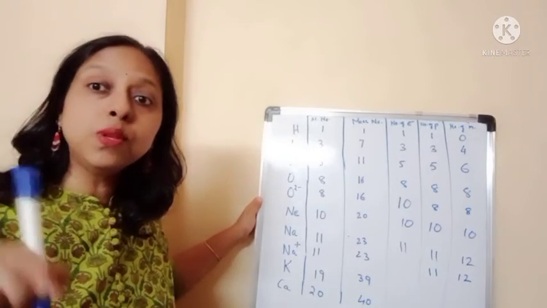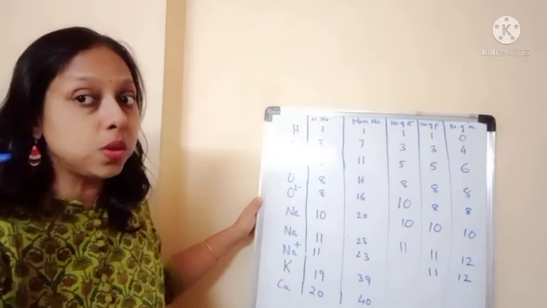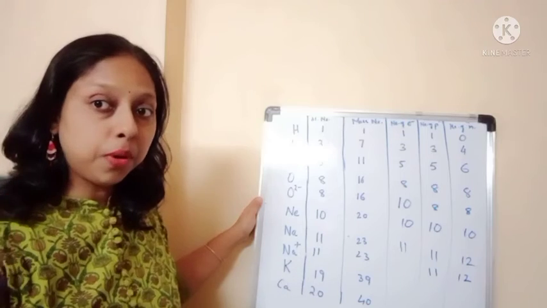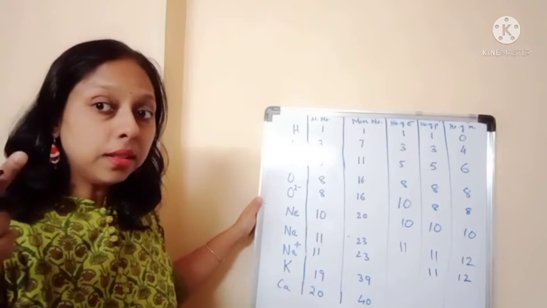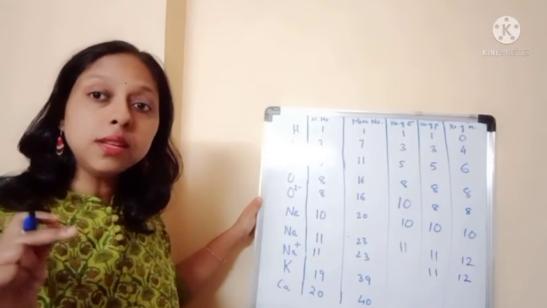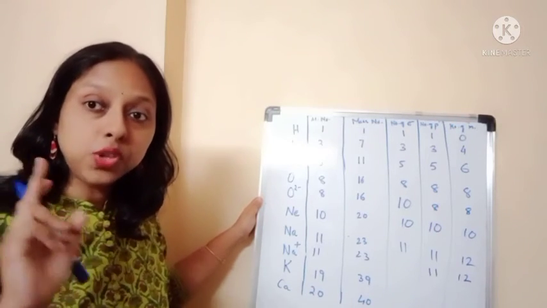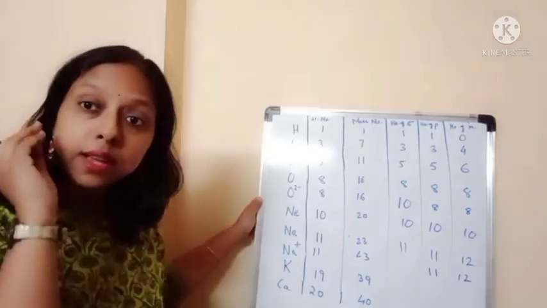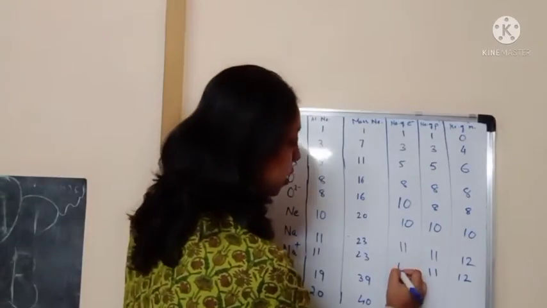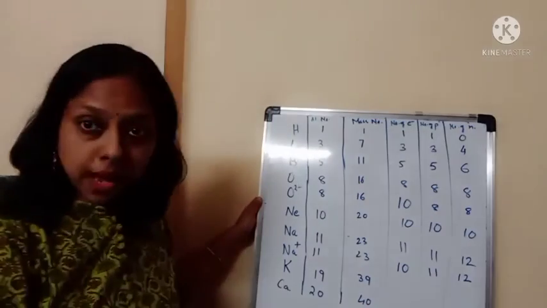Here it is losing 1 electron. Because it is losing 1 electron, the 10 electrons are neutralized by 10 protons. The charge of 1 proton cannot be neutralized, which is why the resulting sodium ion has 1 positive charge. This shows that the sodium ion has lost 1 electron, so the number of electrons here will be 10.